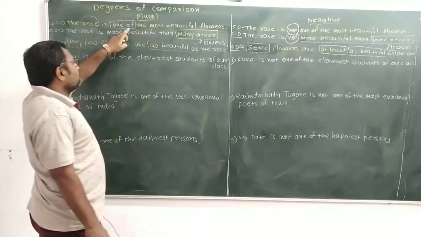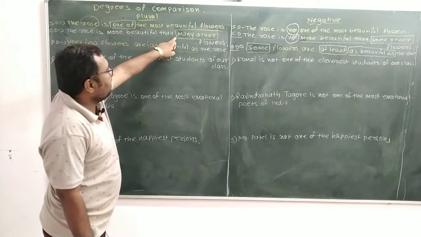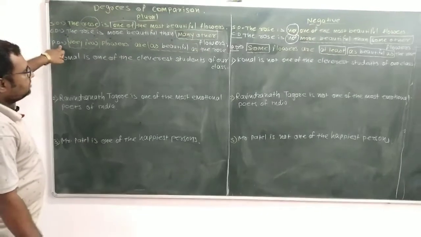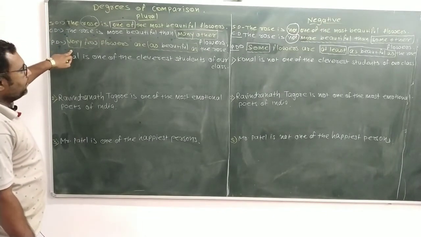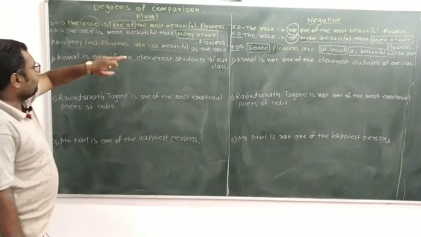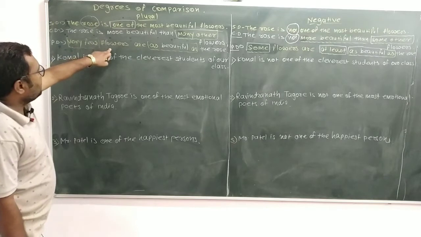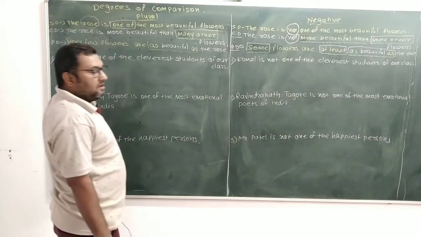When we use one of the and convert it into the comparative degree, we write many other. The same for the positive degree: before we start, we add very few, and after that the plural noun. So very few flowers are as beautiful as the rose.